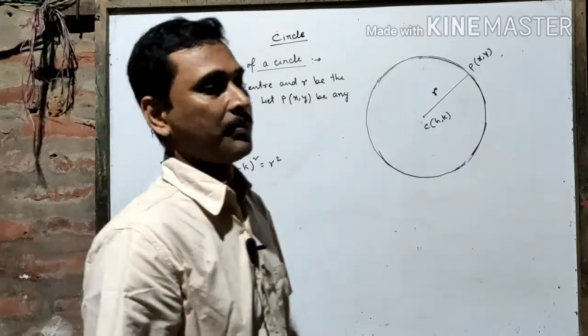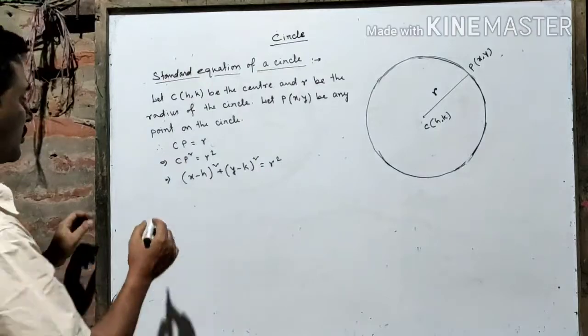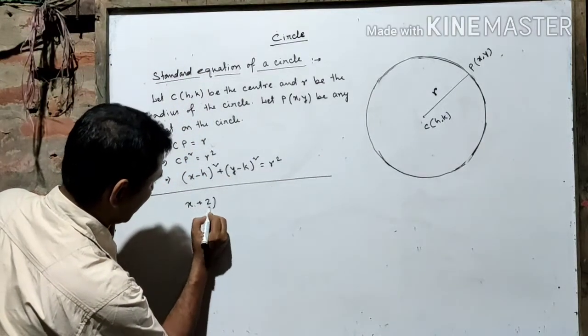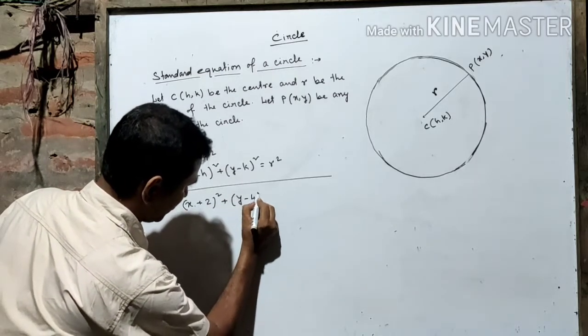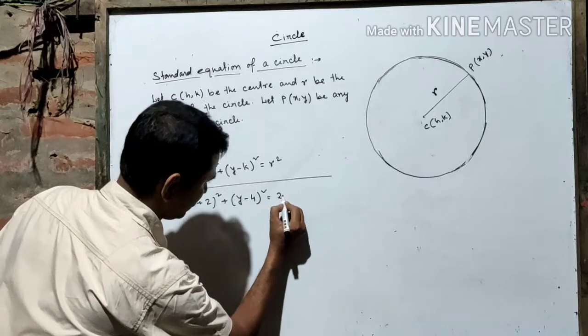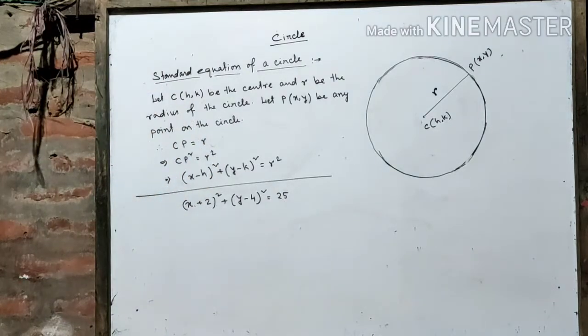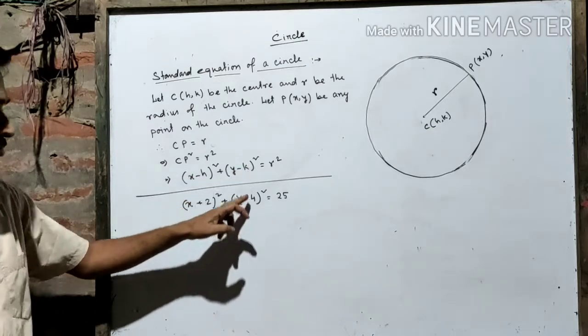Any equation in this form represents a circle. Suppose we have an equation (x + 2) whole square plus (y - 4) whole square is equal to 25. Then this equation must represent a circle. What is the center? You just compare with this.